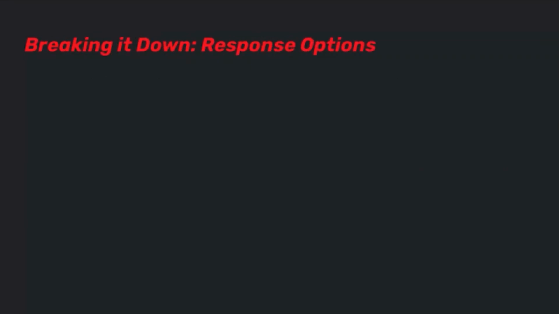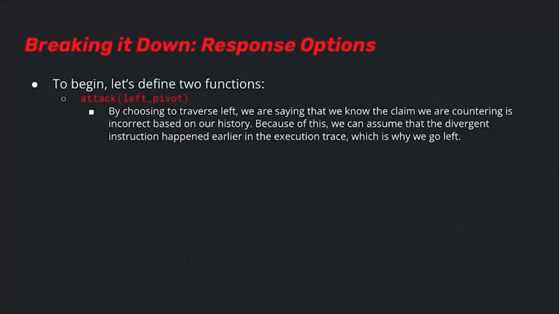So this is where it starts to get a little bit more complicated based off of the decision trees. I apologize in advance, but we're going to try to step through this slowly. We're going to define two functions: attack with the left pivot and defend with the right pivot. But first, let's talk about attack. By choosing to traverse left, like we said before, we're basically saying that we know that the claim that we are countering relative to our history is incorrect.